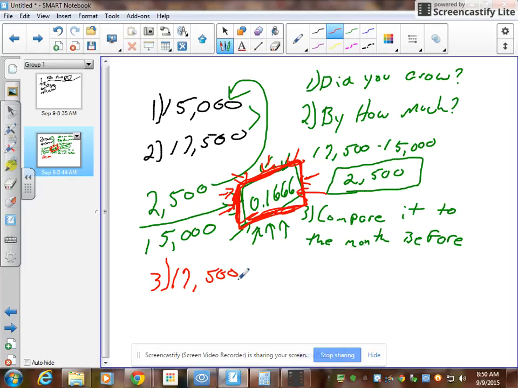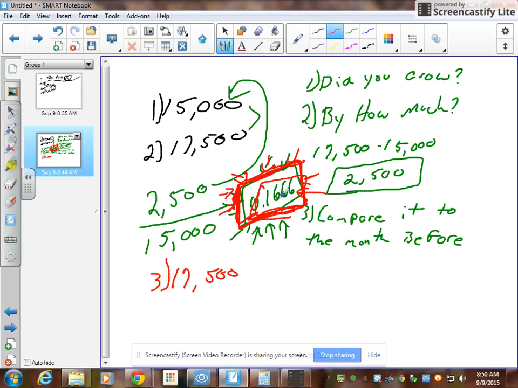Now I say this. I sold 116% of last month. I would go up the other 0.16 like Elijah said. This represents how much we grew from last month. Okay?